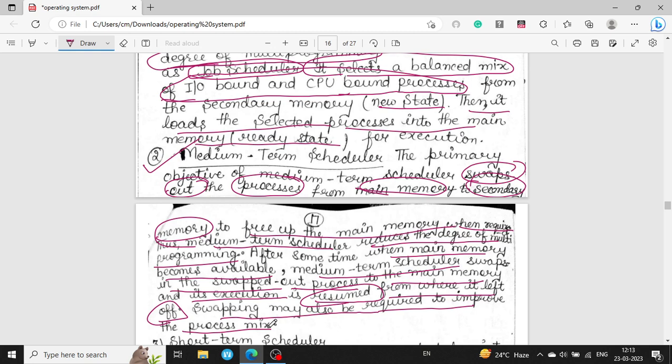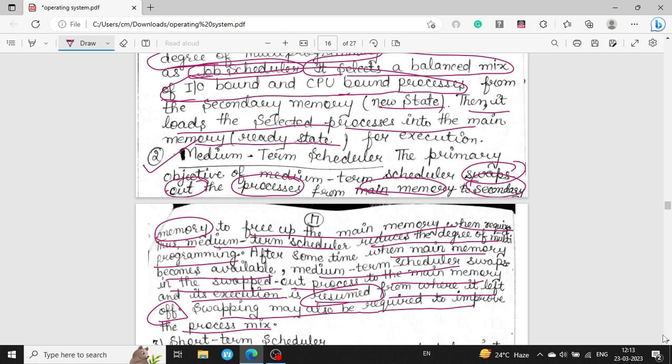Second, after some time when main memory becomes available, the medium-term scheduler swaps the swapped-out process into main memory and its execution is resumed from where it left off. Swapping may also be required to improve the process mix.